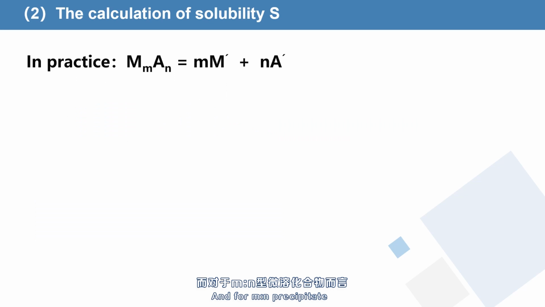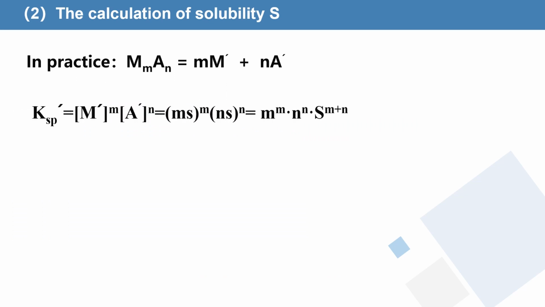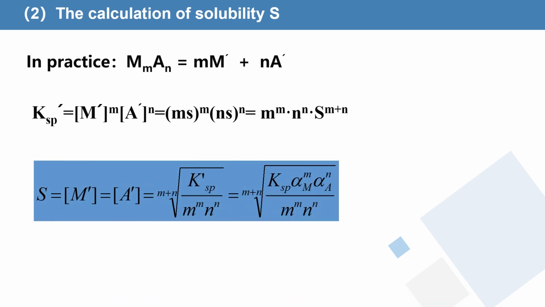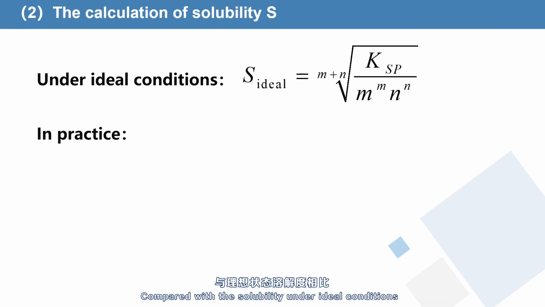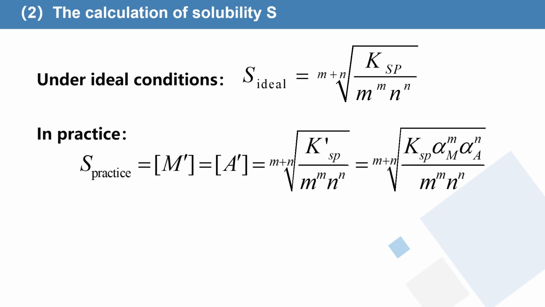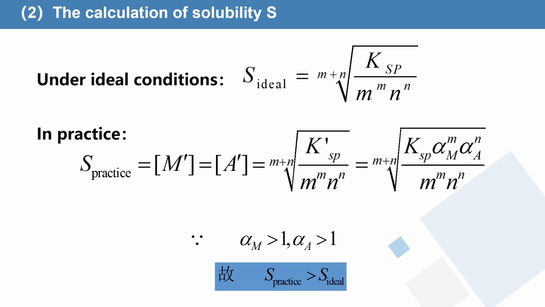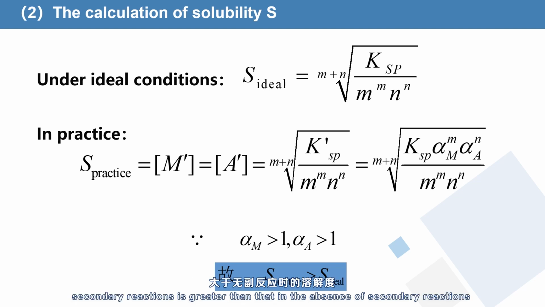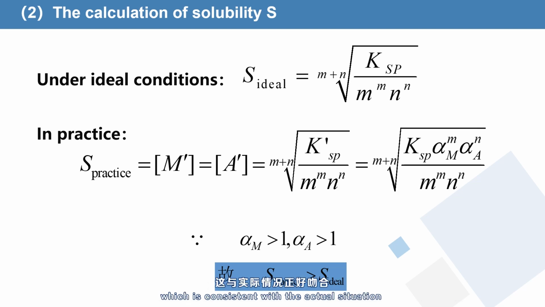And for m/n precipitate, therefore, in practice, the solubility S of precipitate is equal to, compared with the solubility under ideal conditions, it can demonstrate that when there are secondary reactions, in other words, the solubility in the presence of secondary reactions is greater than that in the absence of secondary reactions, which is consistent with the actual situation.